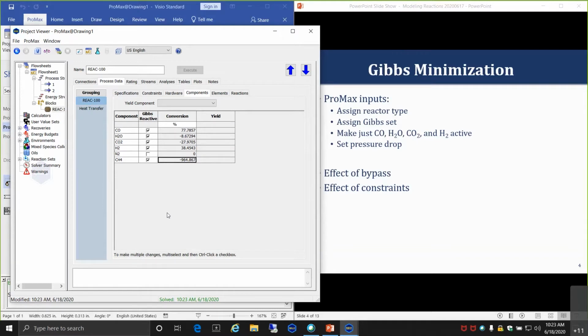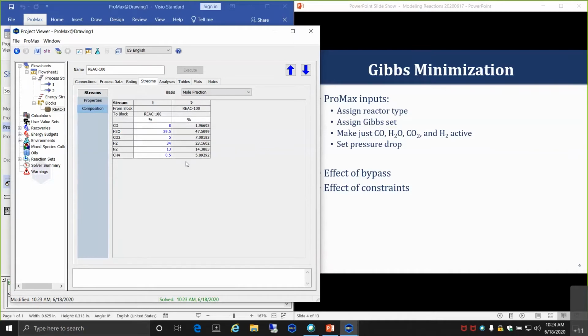Instead, what we have done is we have now reacted the hydrogen with the CO to form methane. And so now when we look at our streams, you'll see we have increased in methane, and the concentrations have changed because it's no longer equal molar. So let's go look at this on a molar flow basis.